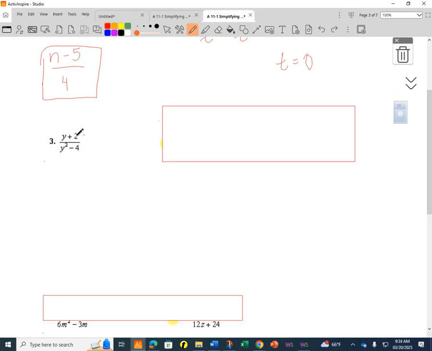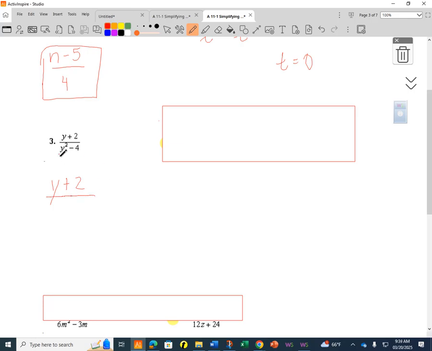I'll give you a hint though: the numerator can't be factored, right? y plus 2, there's nothing going to come out of those terms. There's no way to factor a binomial that's an addition plus a constant unless they have a common factor in each term. So y plus 2 is the only factor of the numerator.